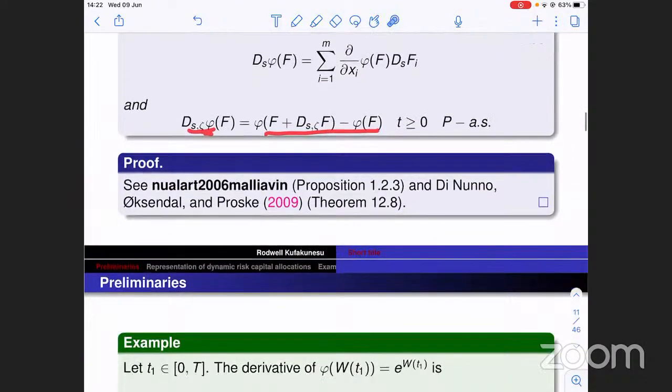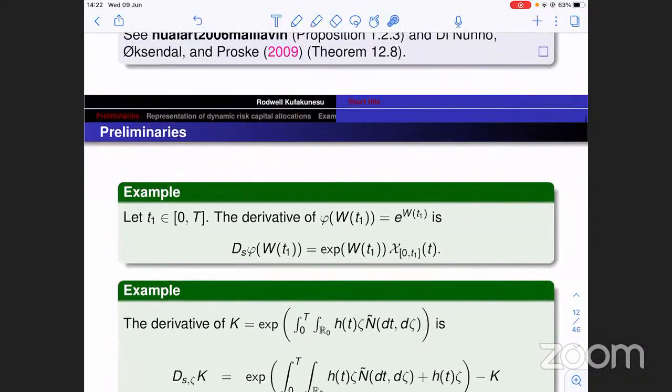So you can see, for instance, if you want to deal with an exponential, applying your Malliavin derivative, so here it's like you're now differentiating the noise, the Brownian noise, which we say in the classical sense is not differentiable, but here you would see an indicator function coming out.